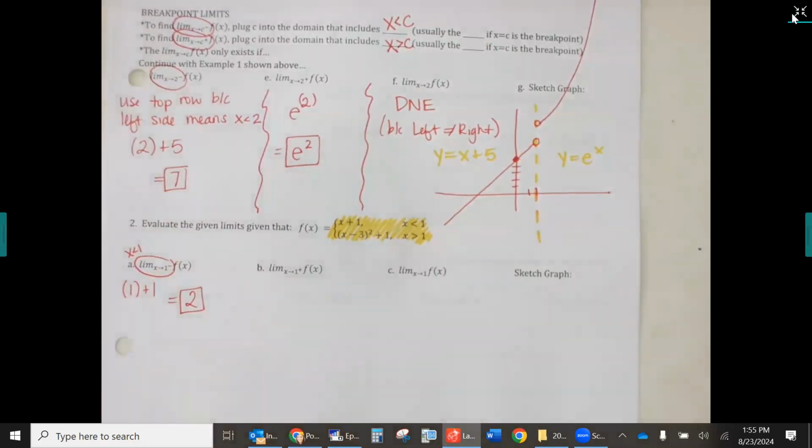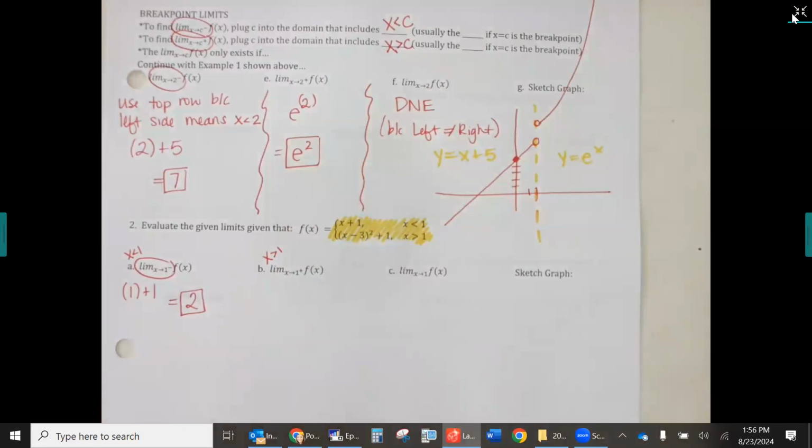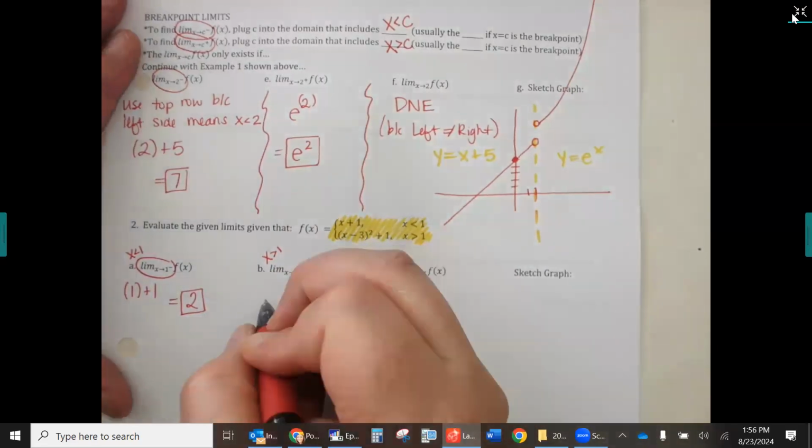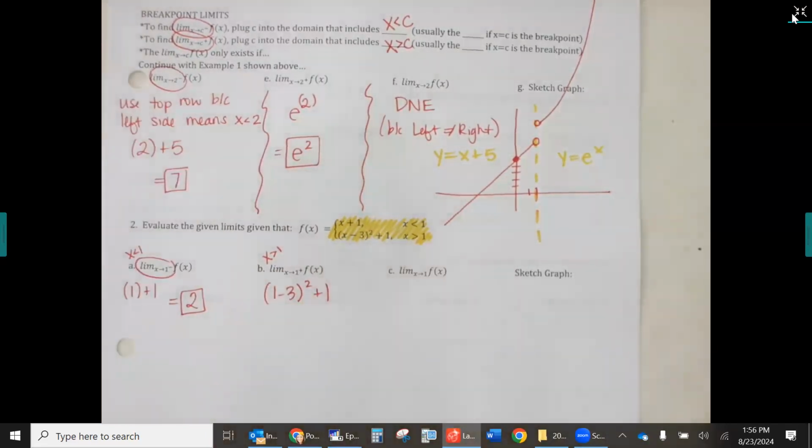Okay, next one I want is 1 from the right. Numbers on the right of 1 would be considered bigger than 1. So I'm plugging into which part of my piecewise? The bottom. So I'm going to have (1 minus 3) squared plus 1. Remember to follow PEMDAS on that.